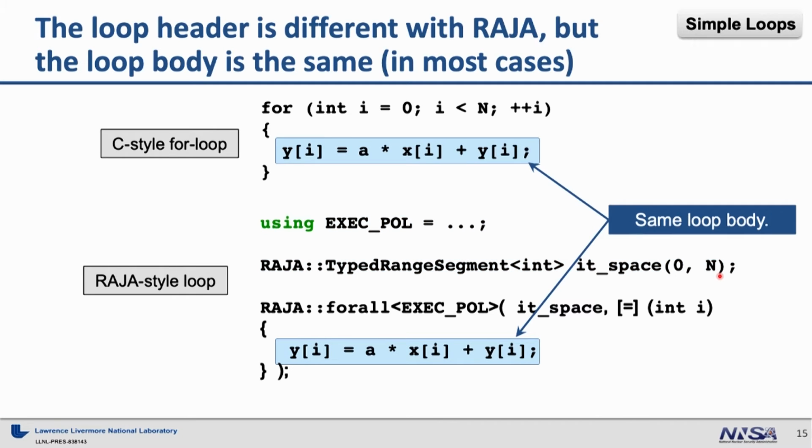You'll notice that we changed the for loop part of this, but the loop body is still the same. We don't want to change that part of the code because that's usually where the important stuff is. That's part of the single-sourceness of RAJA that we're trying to achieve.